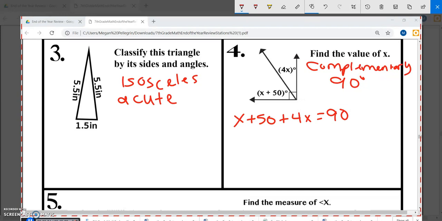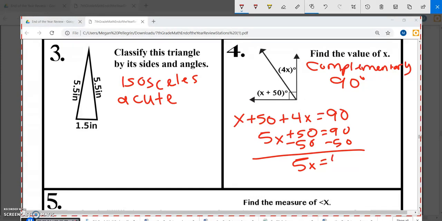And so combine our like terms, we have 5 x's all together plus 50 equals 90. Two-step equation. Subtract that 50 from both sides, leaving me with 5x is equal to 40. Divide both by 5. X is equal to 8.